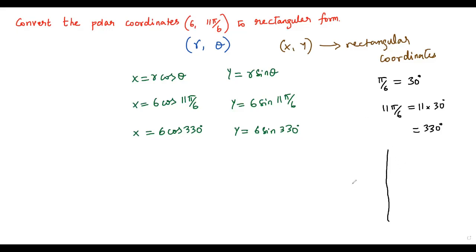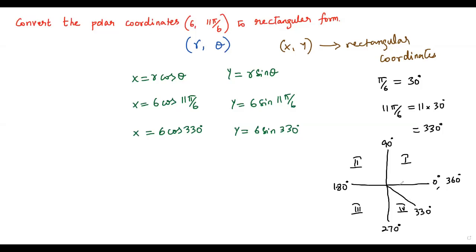For that, let me draw the four quadrants. Here we have 0 degrees, 90 degrees, 180 degrees, 270 degrees, and again at the same position as 0 degrees, we have 360 degrees. The angle 330 degrees is between 270 and 360, so it is in the fourth quadrant, because 0 to 90 is the first quadrant, 90 to 180 is the second, 180 to 270 is the third, and 270 to 360 is the fourth.